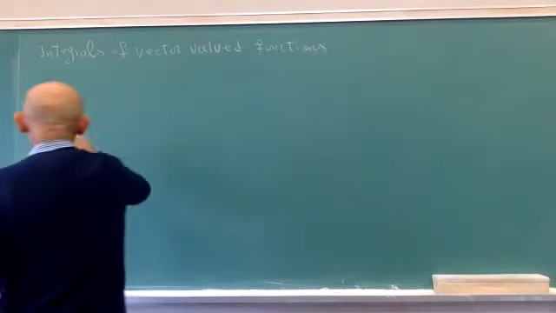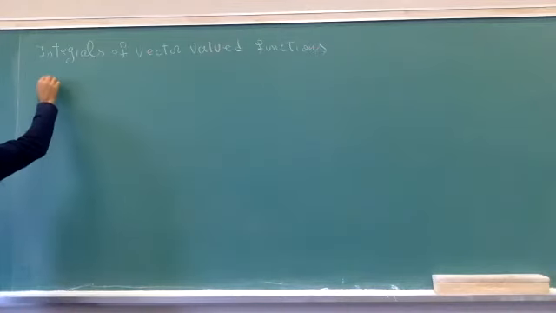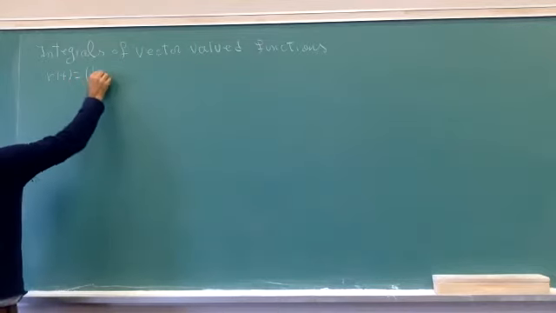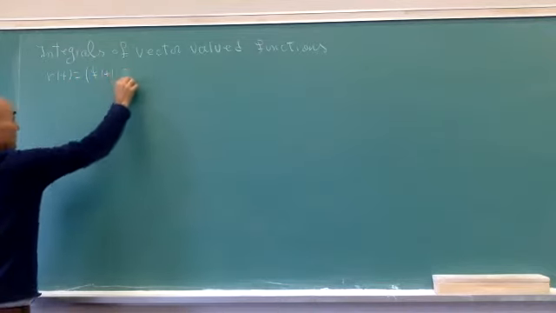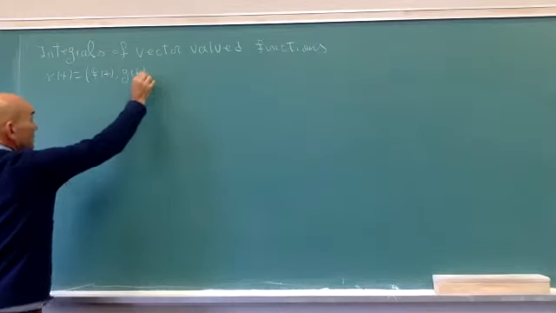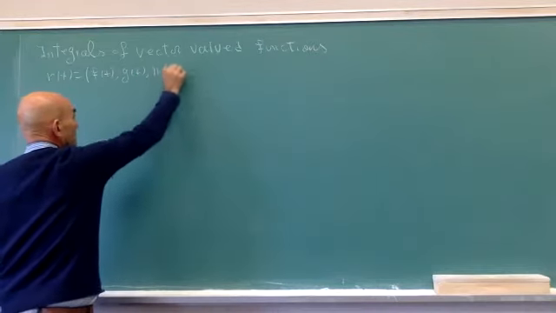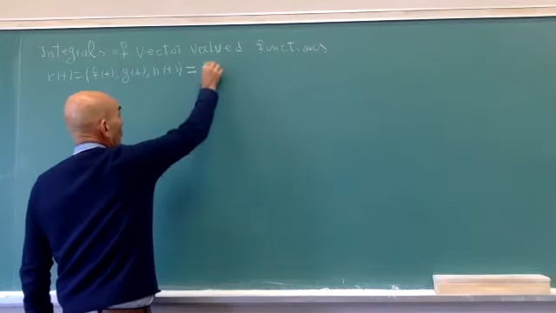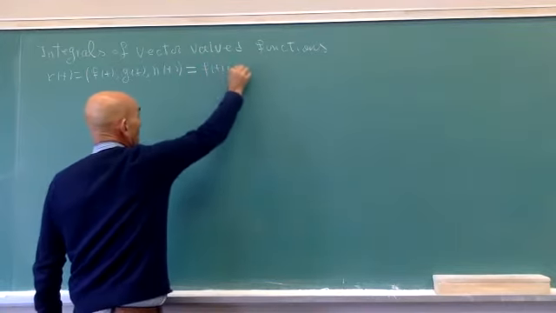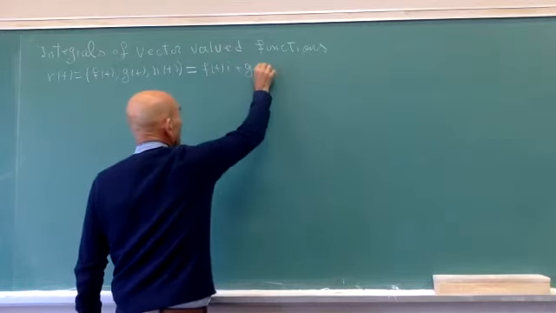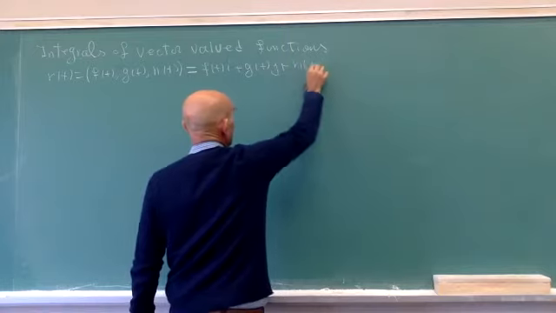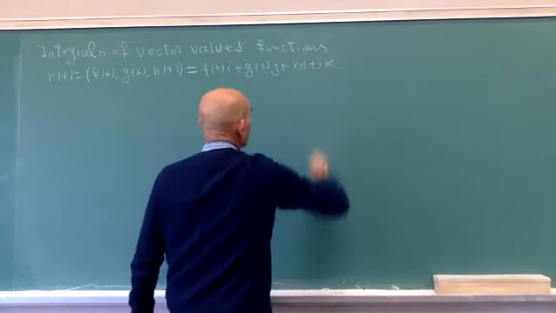So the idea here is like this. We have this vector valued function again, R of t, which we write as f of t, g of t, h of t. We can also write it in vector form, f of t i plus g of t j plus h of t k.